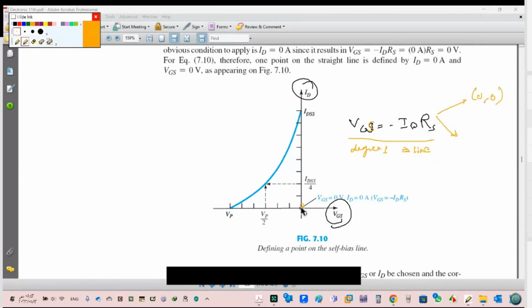For the second point, I will select, for example, ID equal IDSS, then VGS equals minus IDSS RS. Select here, another VGS, here.